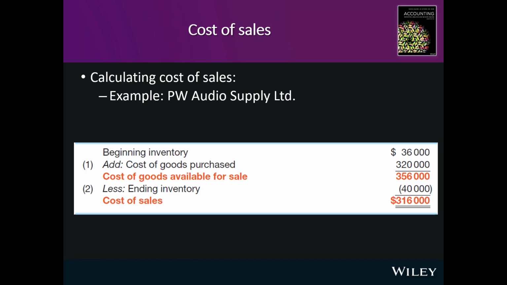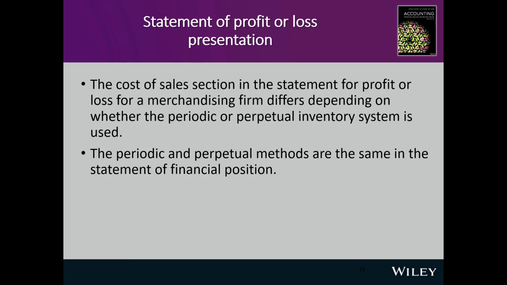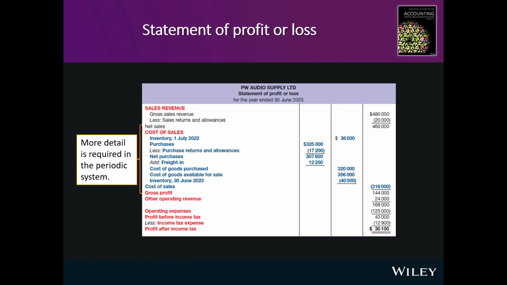Then going through that one, this is how you calculate cost of sales. We have the opening inventory or beginning inventory, add cost of goods purchased. A while ago, I showed you how to calculate that one. Cost of goods available for sale, and then less ending inventory, we have cost of sales. In the presentation of the P&L statement, you can see the cost of sales section there in detail. So we have opening inventory, add purchases, less any returns, add freight in.